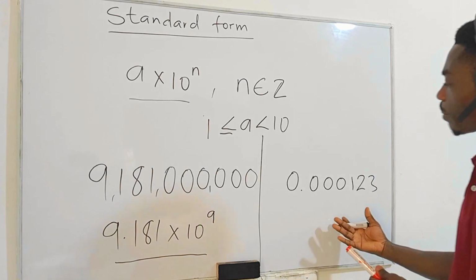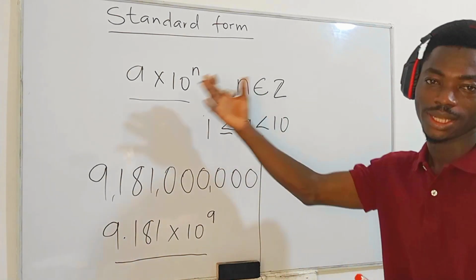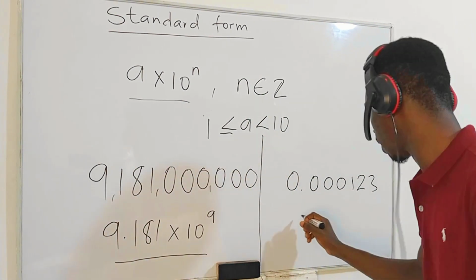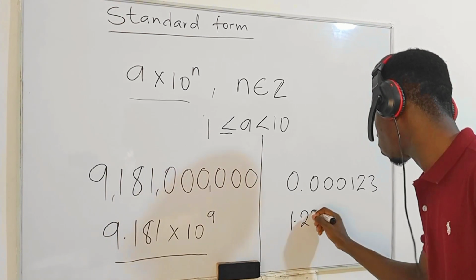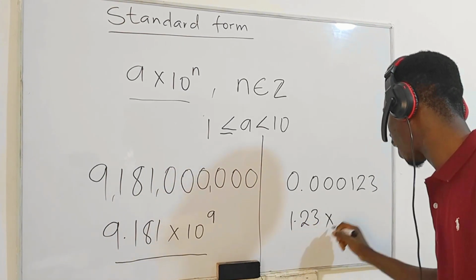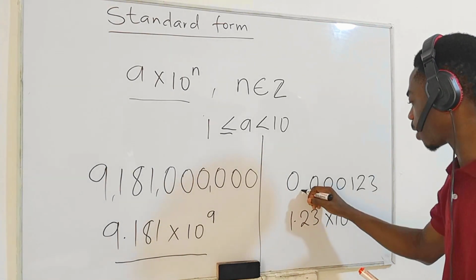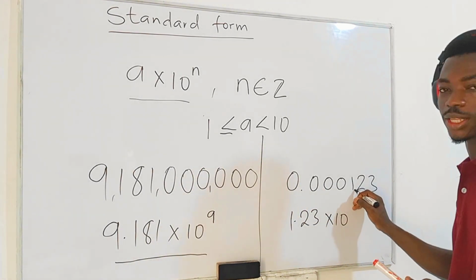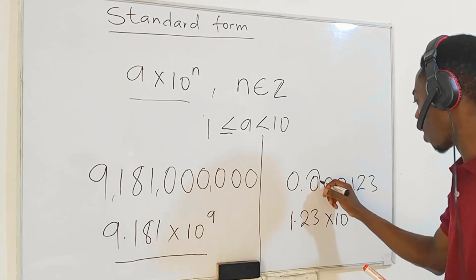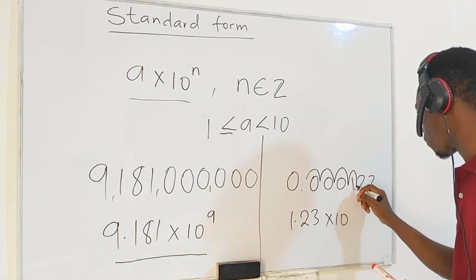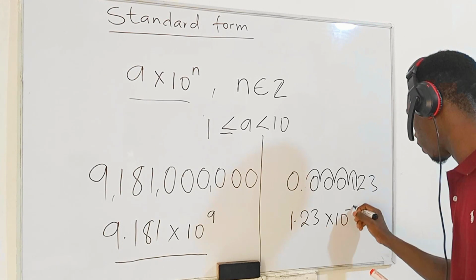It's a very small number, and we can write this in a standard form. This is basically 1.23, then times 10 to the power, the number of times we move. In fact, we are going to move the decimal point all the way to this point right here. So we have 1, 2, 3, 4. So to the power minus 4.